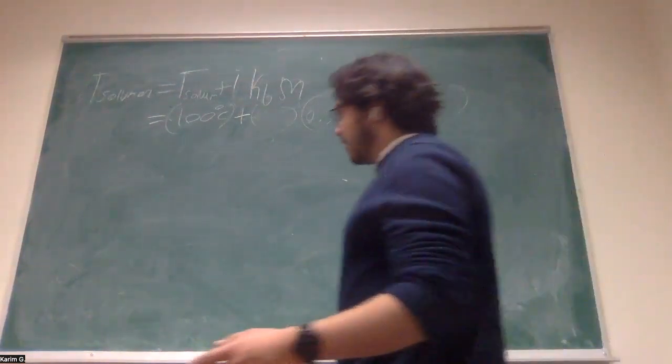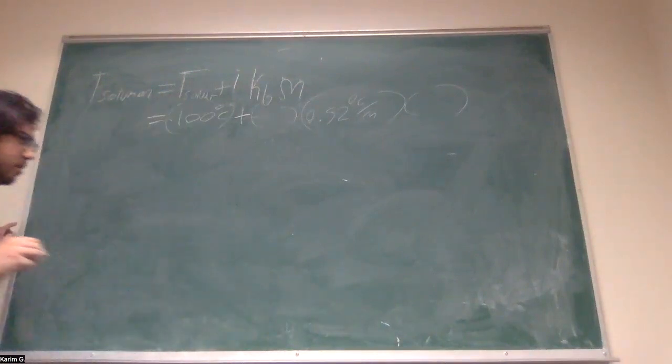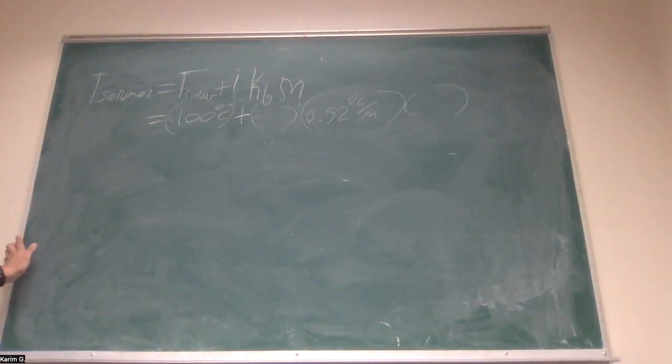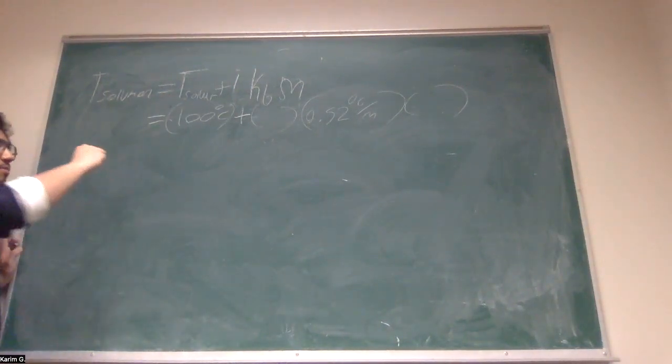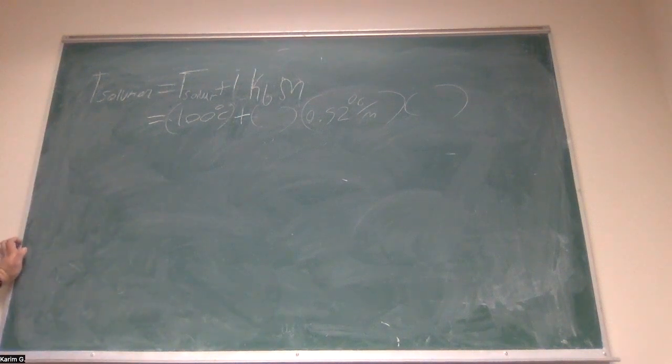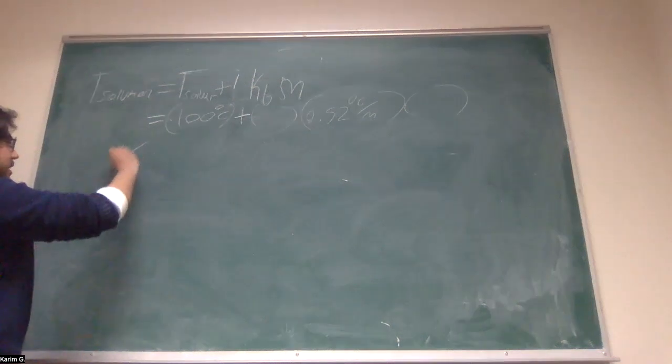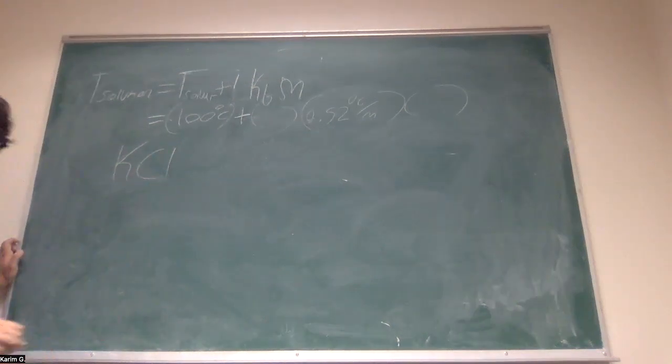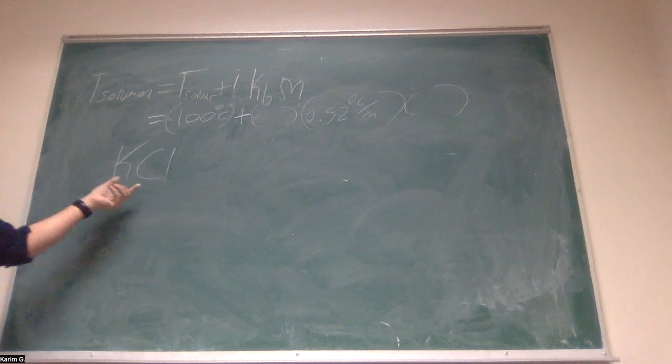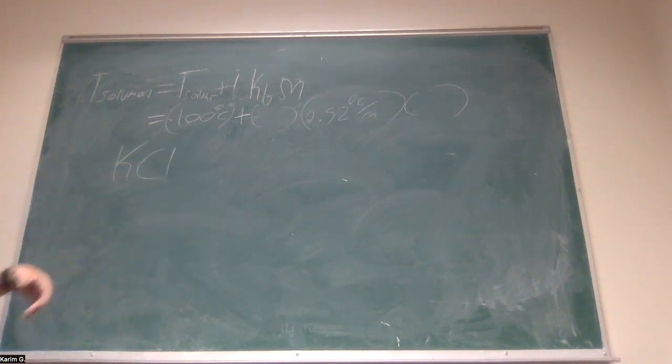Okay. So they give us potassium chloride. What's potassium chloride? How would I write that formula? KCl, right? So it's potassium chloride, right? Potassium has a positive one, chloride has a negative one, so they cancel out. Okay.